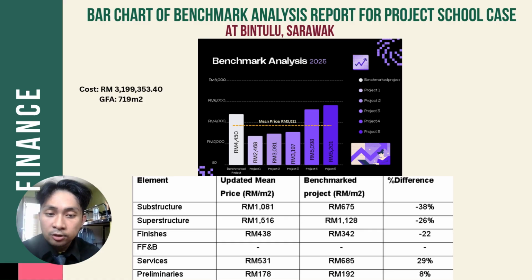It shows that the benchmark project costs less than the mean price by RM 722 per meter square, because the total updated mean price minus the total benchmark project, which is RM 3,744 minus RM 3,022, gives RM 722. So the element showing the largest cost difference is substructure, which is 38% lower than the mean price.